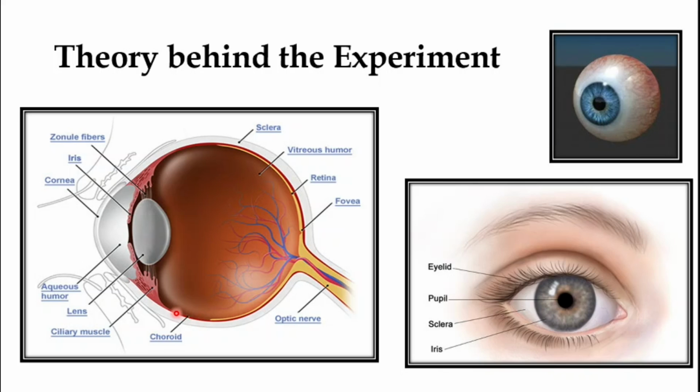Also, the middle layer of the eye is the vascular layer. This whole area is the middle layer of the eye, and you can see that it has three parts.